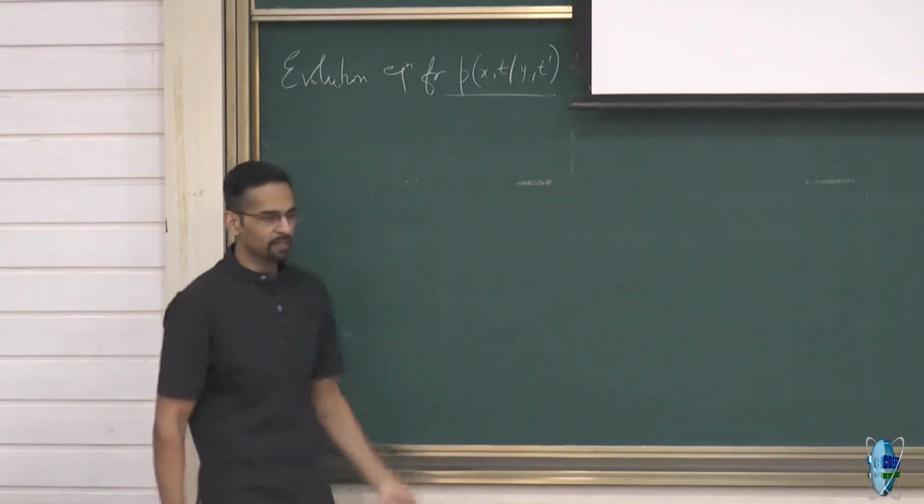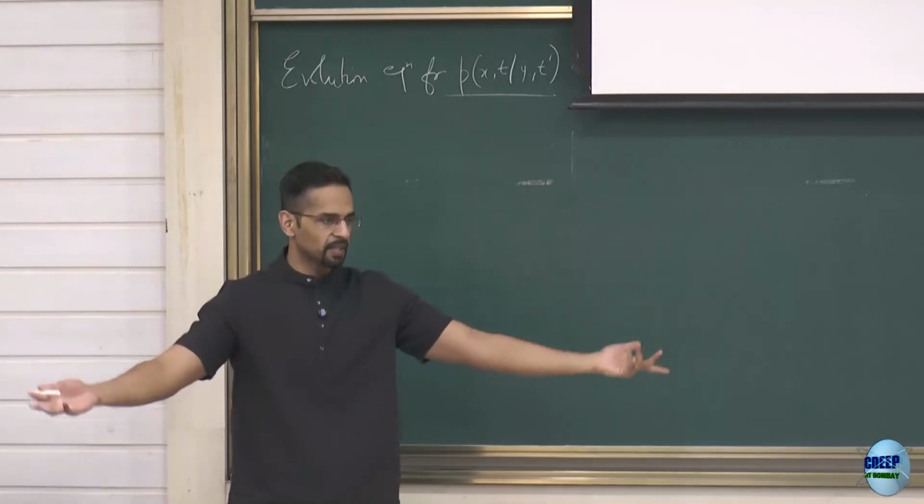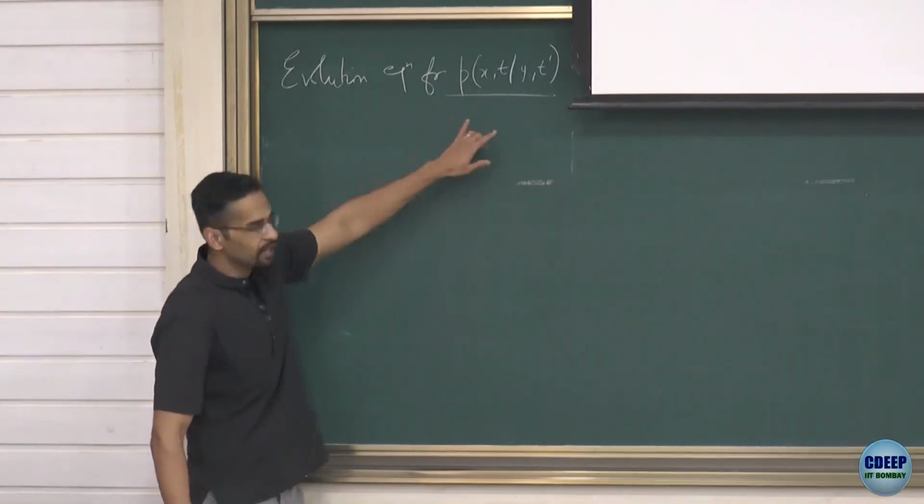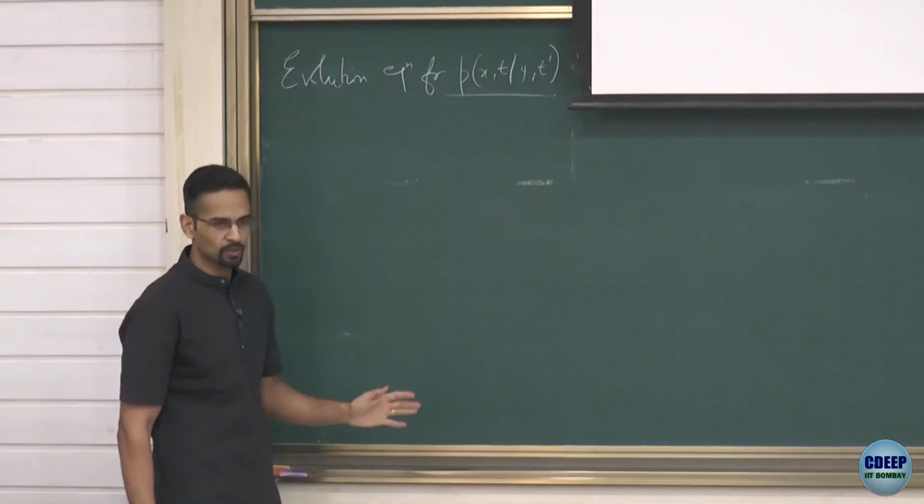And what is my probability of finding this particle at some other position x? So here x and y are not close, t and t prime are not close.